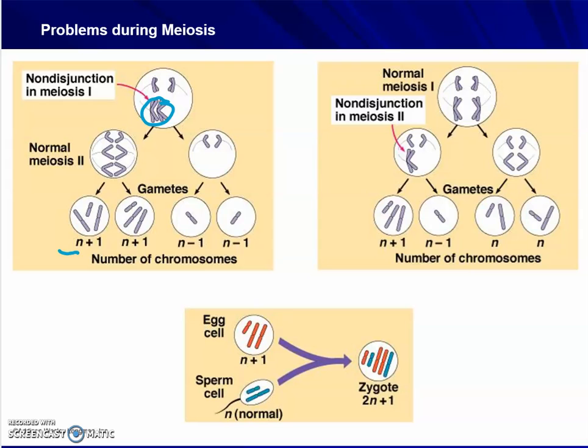And here in this case, we have N-1, we're missing a chromosome. The N-1 situation almost always leads to a non-viable embryo. The N+1 situation can sometimes lead to a viable embryo, as long as it involves a fairly small chromosome or an X chromosome. That is also a possibility that is survivable.